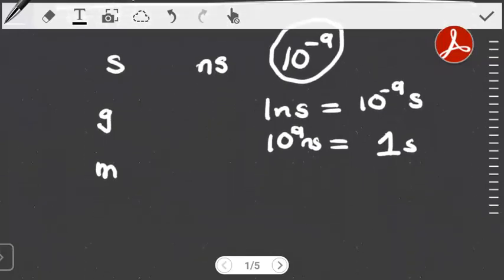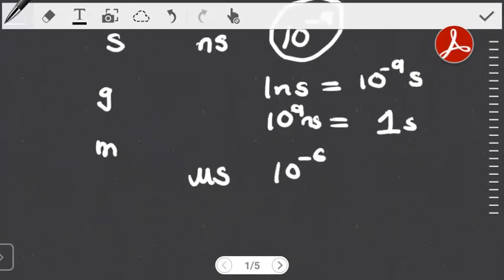And then if you're dealing with micro, micro is symbolized by that. It can be micro in terms of grams, or maybe micro in terms of meters, micrometers, and the effect is the same. So of course, micro means 10 to the power negative 6. So when working with this one, all we're saying is 1 microsecond is equivalent to 10 to the power negative 6 seconds.